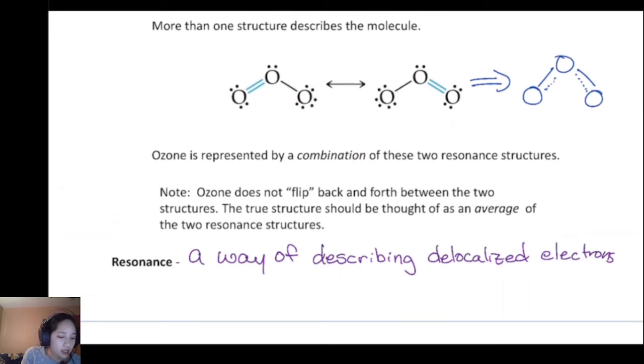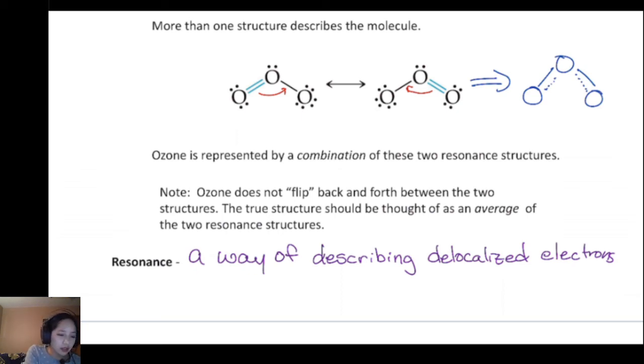Resonance is just a way of describing delocalized electrons. The electrons in that double bond are delocalized across the entire molecule, because sometimes it's on the left side, sometimes it's on the right side, and then sometimes it goes back. It doesn't flip back and forth, but it exists on both sides at the same time, smeared across the entire molecule.